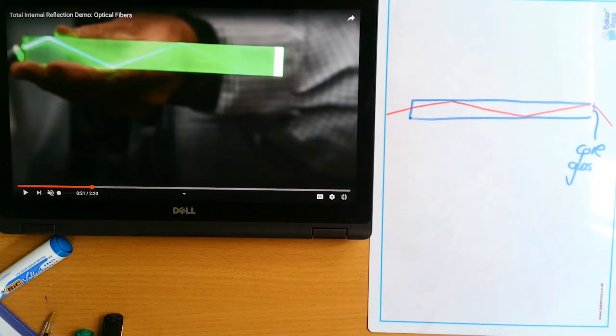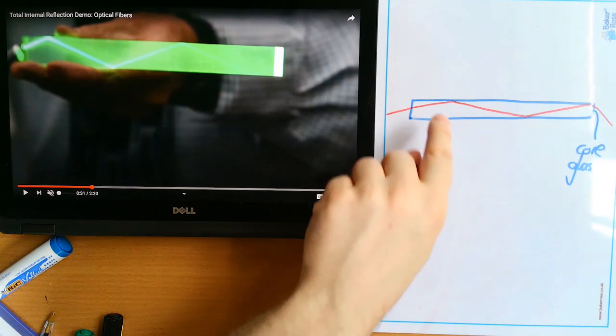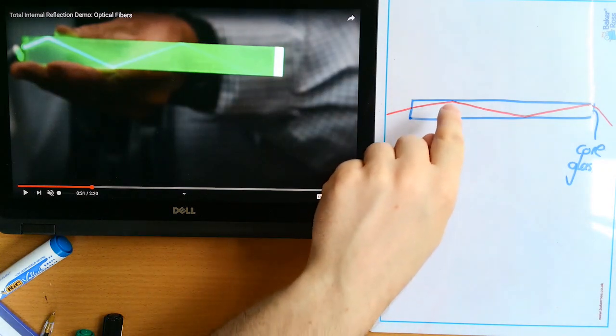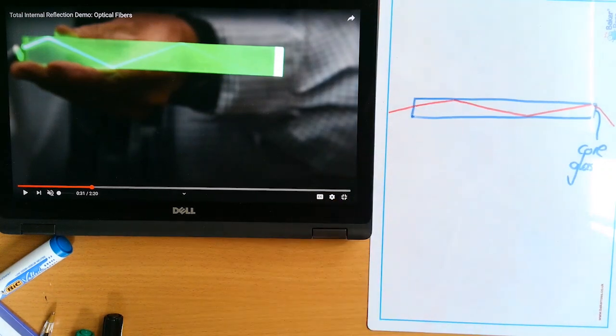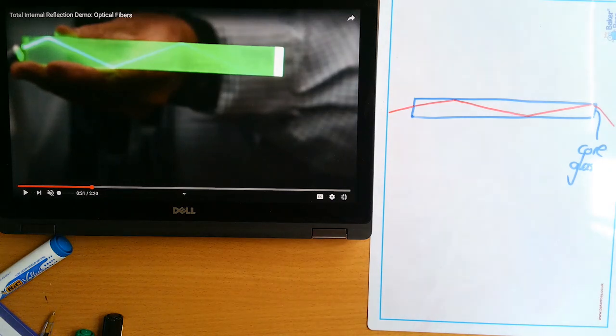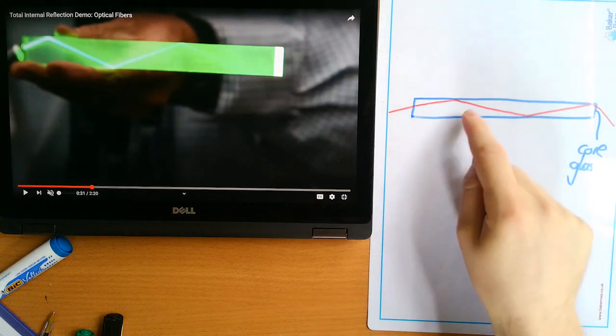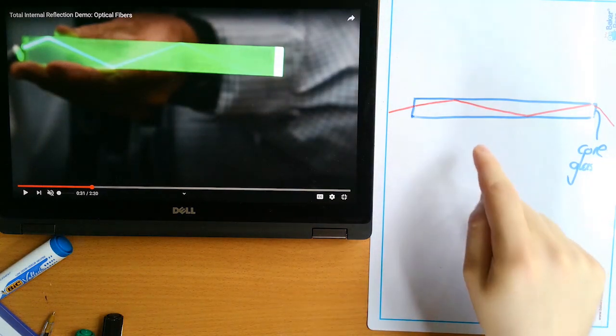Now, if your core is always in air, then the boundary conditions are met in that this glass has a high refractive index and the air outside has a low refractive index. The problem is, if you then submerge that, or it gets wrapped in plastic, protective coating, anything else, then you no longer have your high to low refractive index.